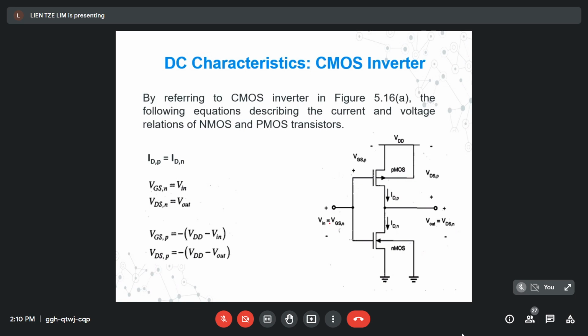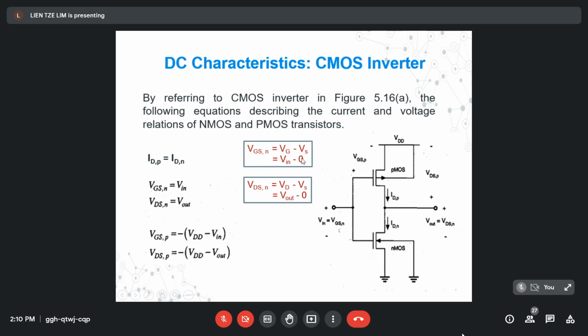Before going to the PMOS, this is the additional equation that I want to show you. VGSN means VG, the voltage at the gate, minus the voltage at the source. Why can we also call it V in? Because VG is V in and VS is 0, since the source terminal is connected to the ground.